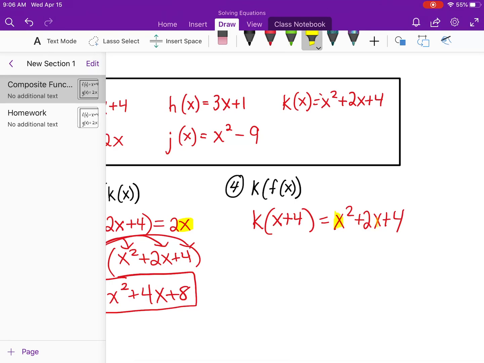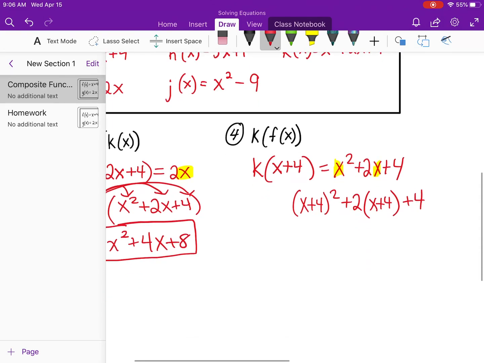So this one has 2 x's in it. I'm going to take out both of these x's and replace with x plus 4. So it's x plus 4 squared plus 2 times x plus 4 plus 4. Okay, lots of simplifying to do here. The first thing I need to do is expand the x plus 4. Expand that, x plus 4 times x plus 4.